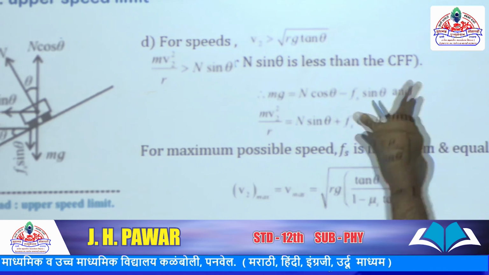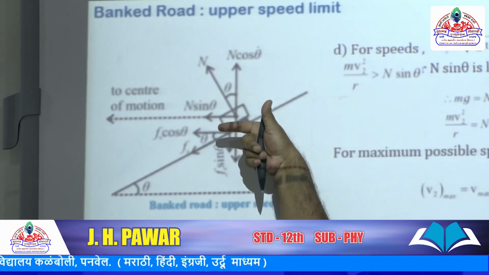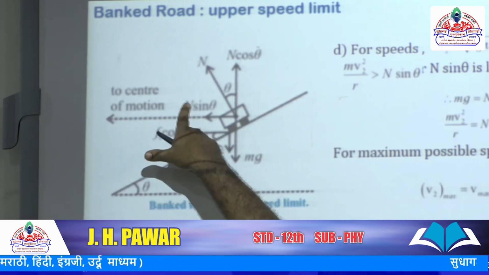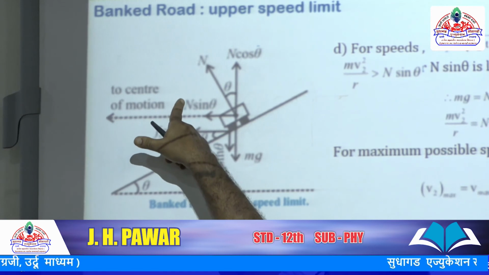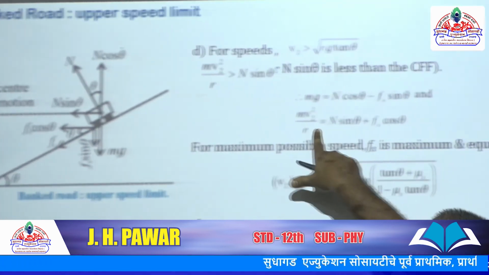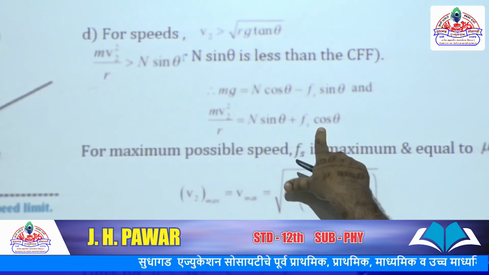To balance the centrifugal force, or to provide the centripetal force, both forces work. Meaning both n sin theta as well as Fs cos theta work. So this centripetal force can be taken as n sin theta plus Fs cos theta.